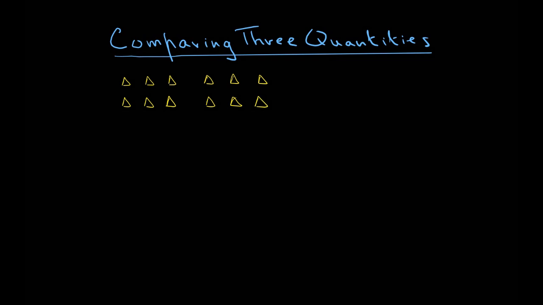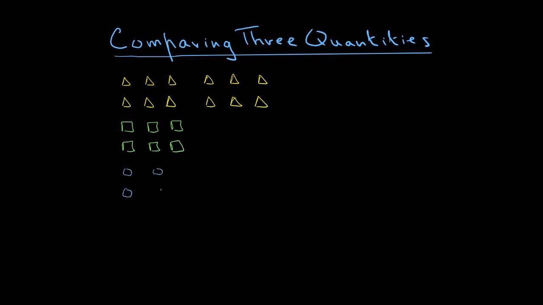I can have maybe 6 squares. So I'm going to put out 6 squares, and maybe I can have 4 circles. Okay, so now if I want to look at the ratio, I could say the ratio is 12 is to 6 is to 4, right?